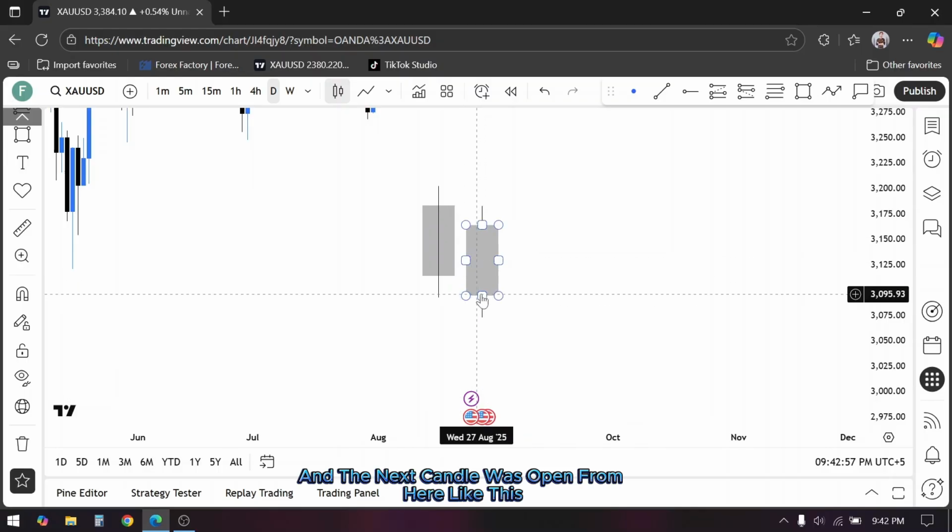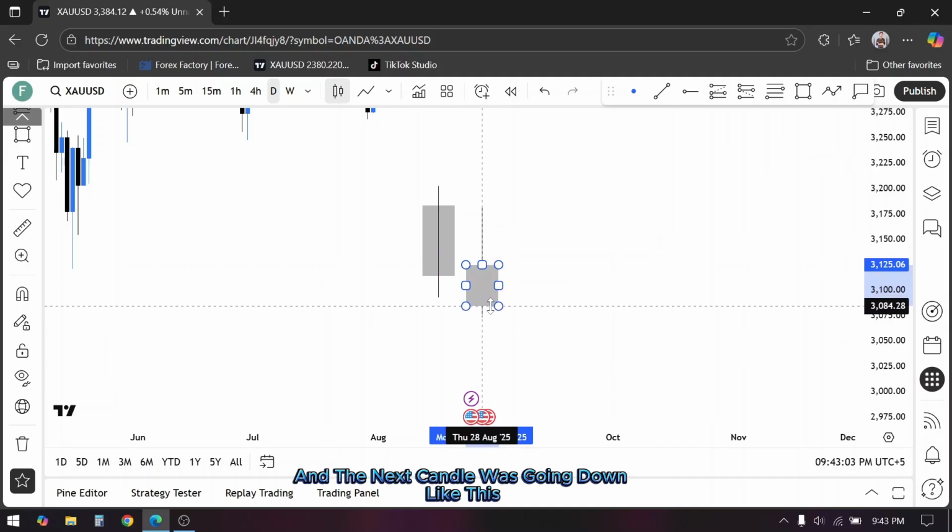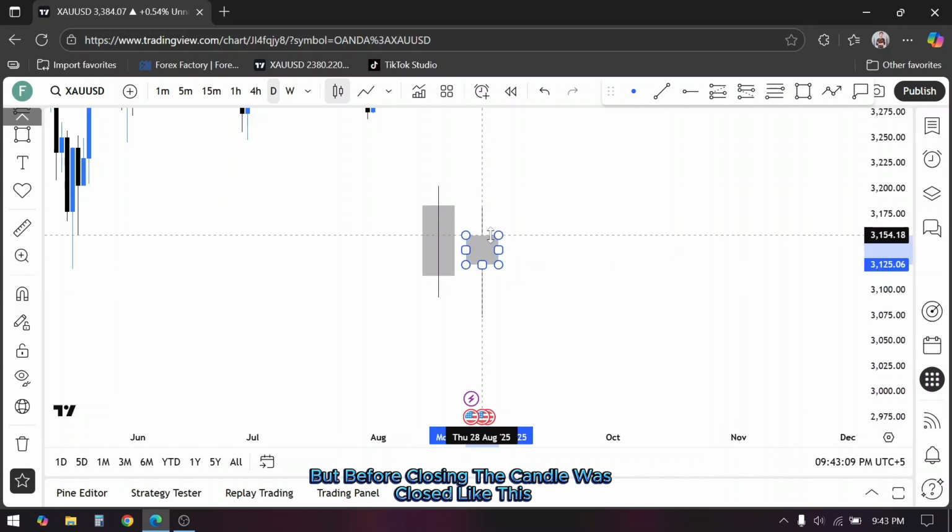The next candle opened from here like this, and went down like this, but before closing, the candle closed like this.